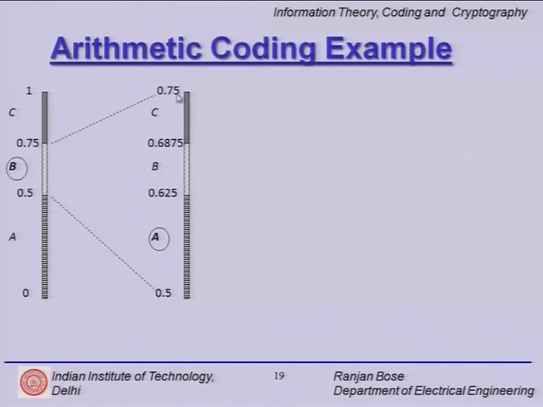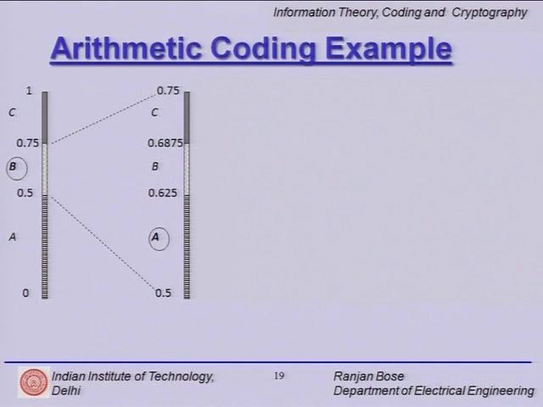So, the upper limit is 0.75 and the lower limit is 0.5, and again I quickly divide it into three portions proportional to the probabilities. A gets half of it, but what is half of it? 0.5 and 0.75, add them up and divide by 2, 0.625. So, that is the line for A, and then subsequently 0.625 and 0.75, add them up and divide by 2, you get 0.6875, and so on and so forth.